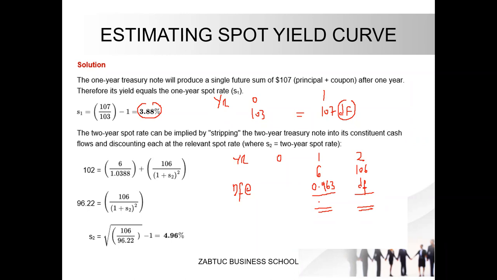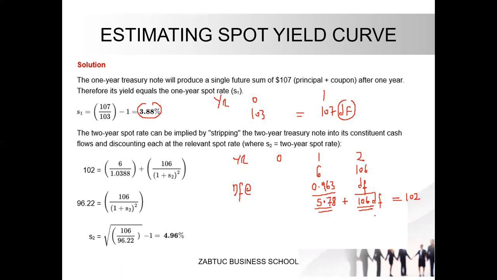What do you get? 5.778. And this one, 106. When you add these two, they must give you the market value of 102.